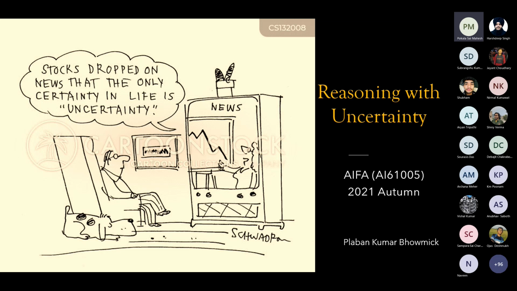But the only certain thing in life is that life is full of uncertainty, right? Whatever you try to do, you make a decision by partially observing the world around you. You do not have a full observation of your world. That is one thing. You have uncertainty in measuring different facts about the world.